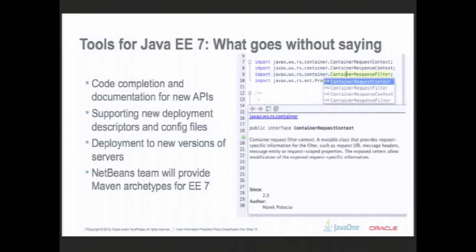So when you create a Maven EE application in NetBeans, it uses a standard archetype that's published in the central repository, and that can be used by anyone, not just NetBeans users, from the command line, or you can use it from other IDEs. So of course we plan to update these archetypes to support Java EE 7 as well.